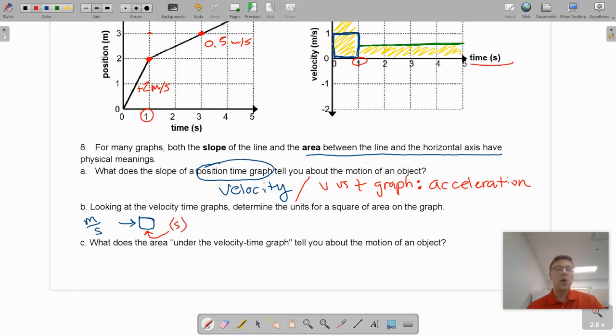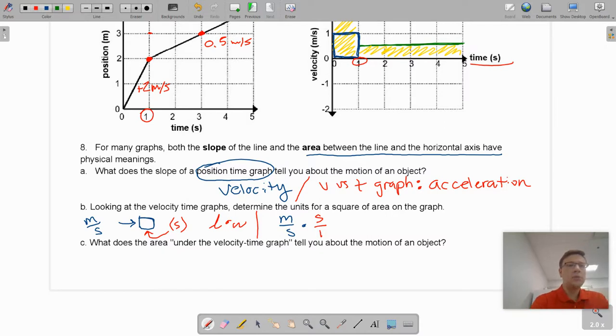If we were to calculate the area of that square, area is length times width. So what happens if we multiply the units of the length times the units of the width? We would have our y-axis units, meters over seconds, times our x-axis units, seconds over 1.